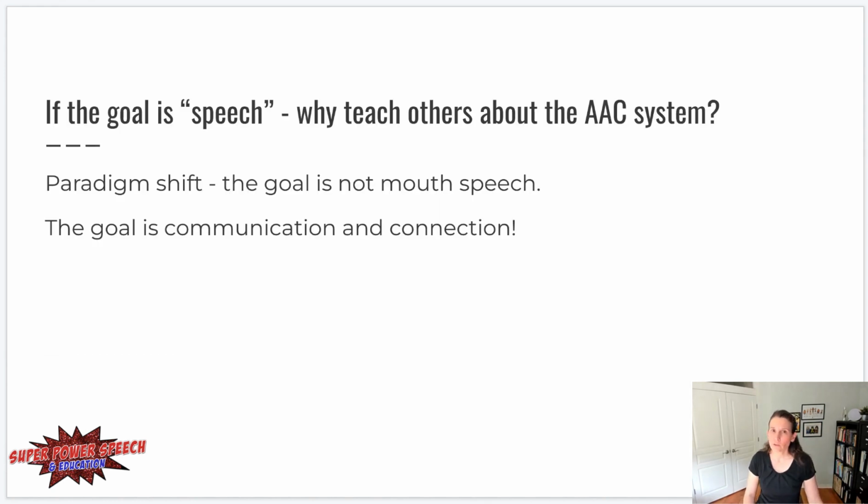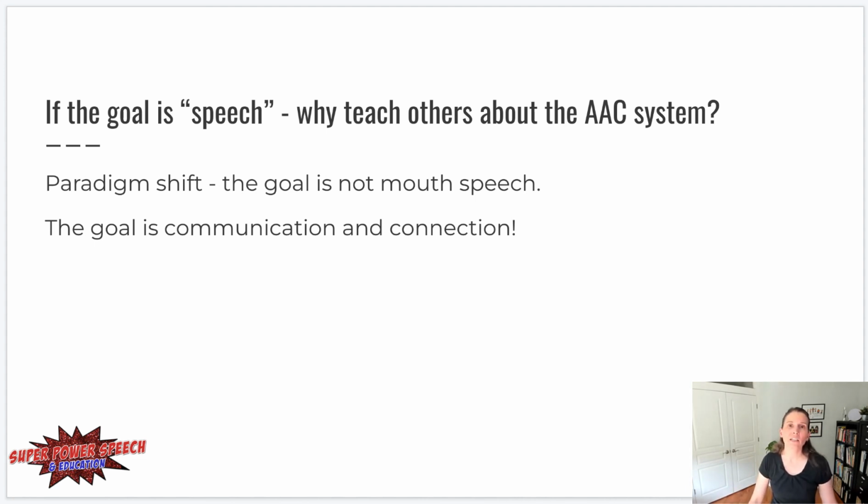So one question that sometimes gets asked is, if the goal is, and I put this in quotes, speech, why are we teaching others about the AAC system? As we know, some of our AAC users are not always going to be AAC users. This might be something temporary to help them right now as they're learning language.